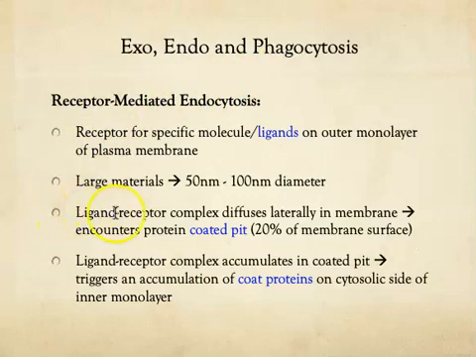When the ligand binds to its specific receptor on the plasma membrane, that binding causes a shape change, as we've talked about. We refer to this new thing as a ligand receptor complex. It's the ligand plus the protein receptor that are now stuck to each other and have changed shape. What's going to happen next is very strange.